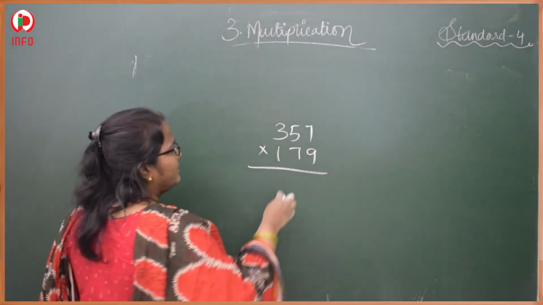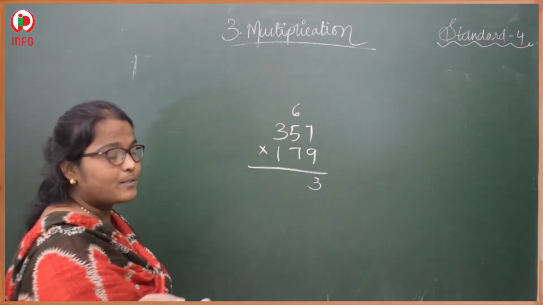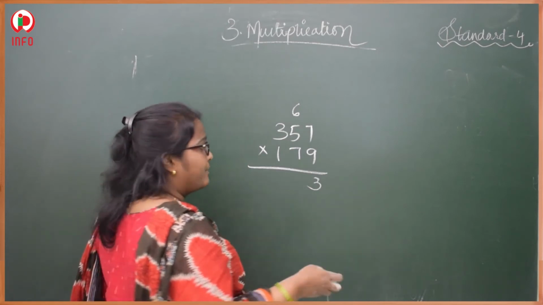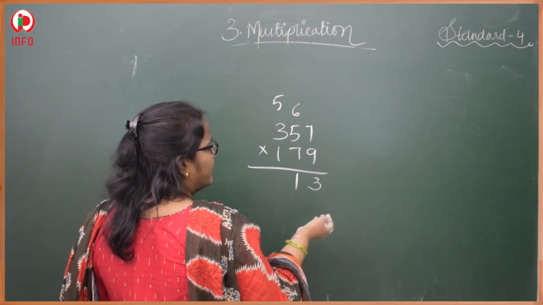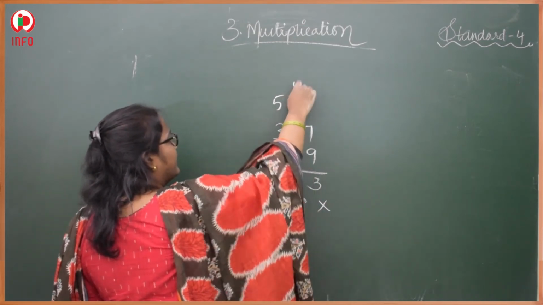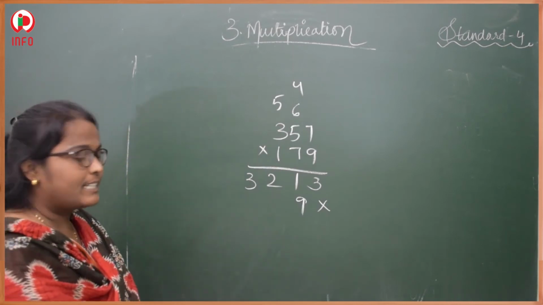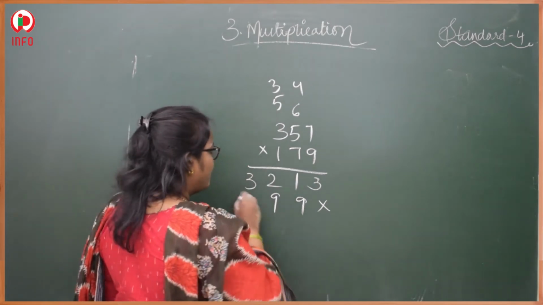7 9s are 63, 9 5s are 45, 46, 47, 48, 49, 50, 51. 9 3s are 27, 28, 29, 30, 31, 32. 7 7s are 49, 7 5s are 35, 36, 37, 38, 39, 7 3s are 21, 22, 23, 24.